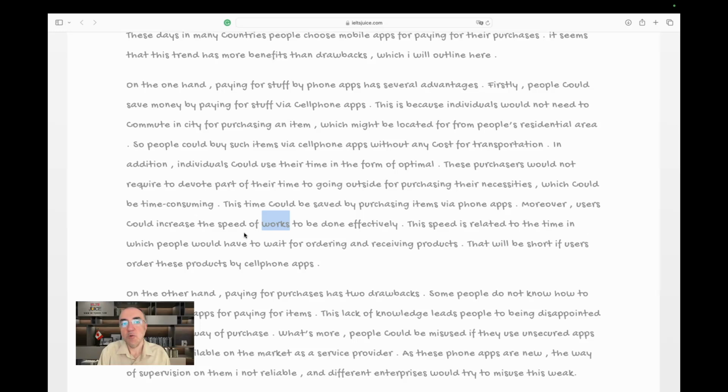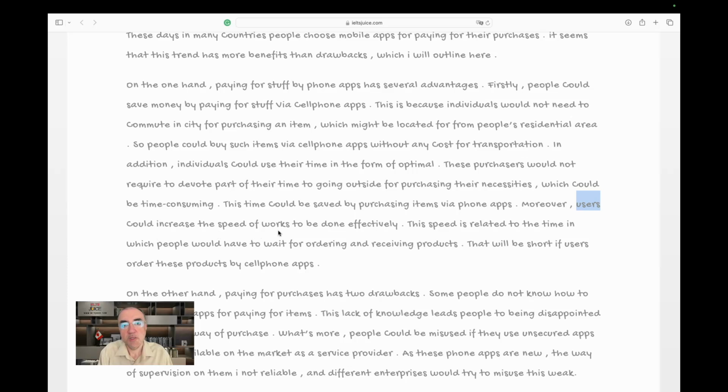So users, who are users? Are we talking about Apple users and Mac users and Windows users? Why users? I'm not sure this is a very good choice of word.